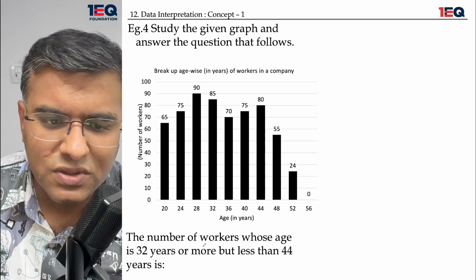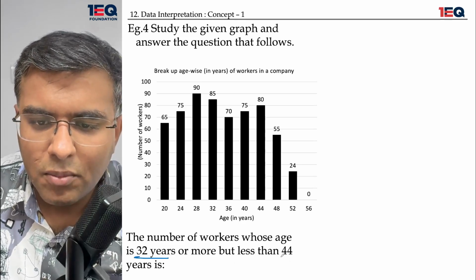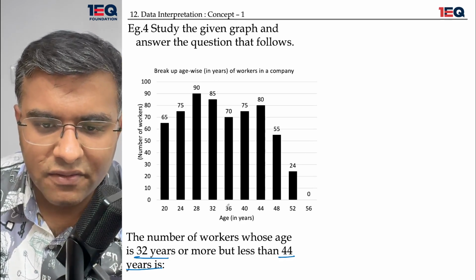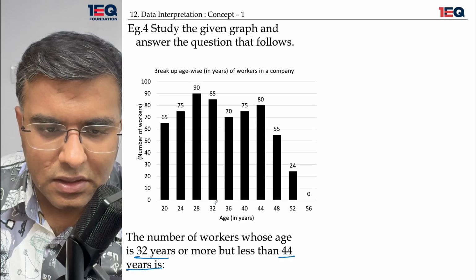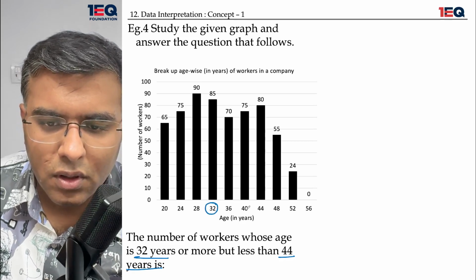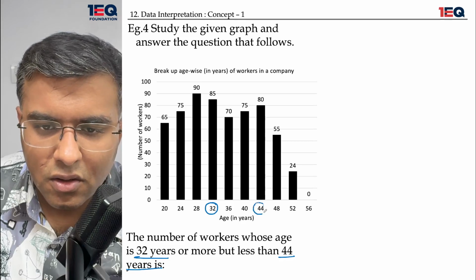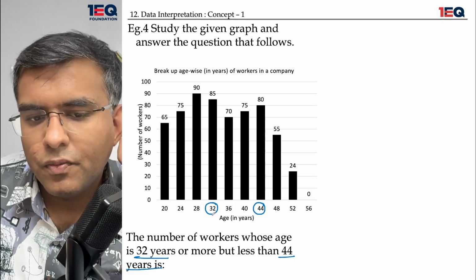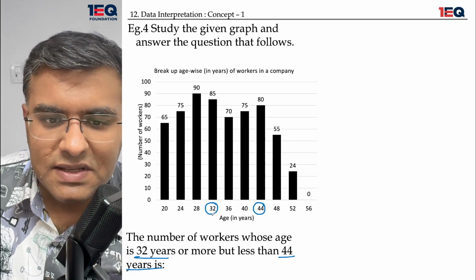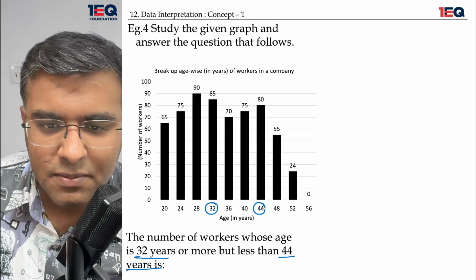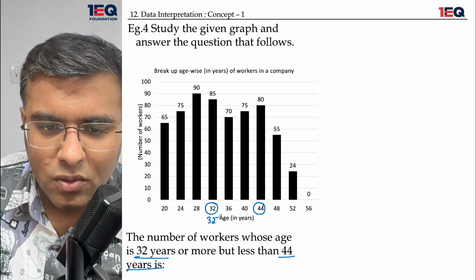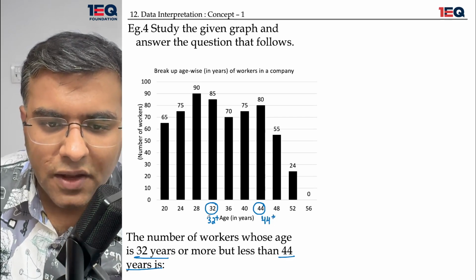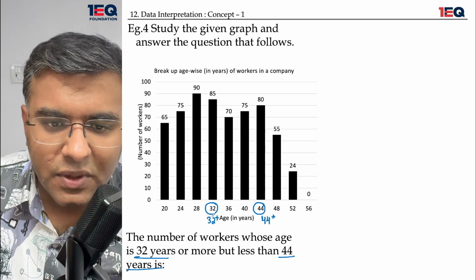The number of workers whose age is 32 years or more but less than 44 years is what? Whenever you get this kind of graph, it says 32 or more and less than 44. This projection works in such a manner that this is 32 plus and this is 44 plus. If somebody asks me, is 32 included over here?